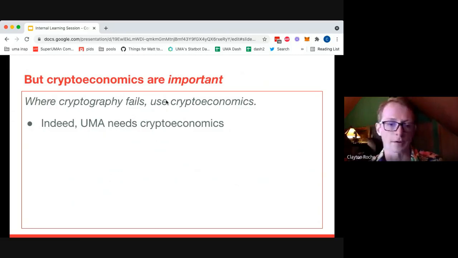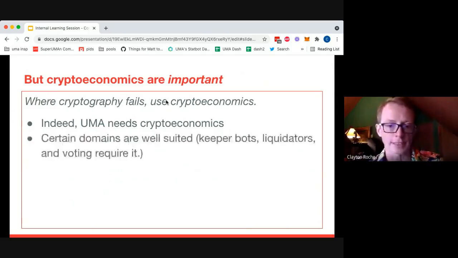So we want to use cryptography for everything we can. That's the nature of trustless contracts. But crypto economics are what allow us to hold things together when you can't use just cryptography. Obviously, UMA is fundamentally built on crypto economics, and it's the glue that holds us together. Liquidators, keeper bots, and voting all require crypto economic incentives. We definitely do not have any theories around people voting correctly for the intrinsic reward of doing so.